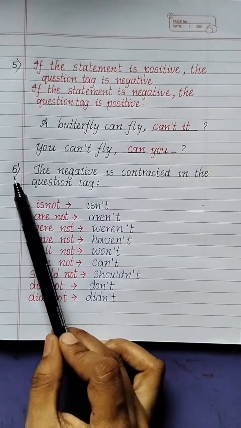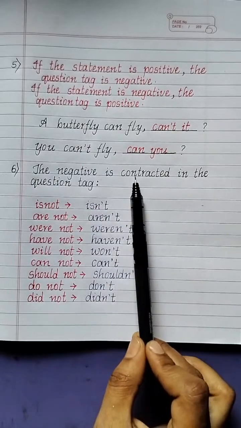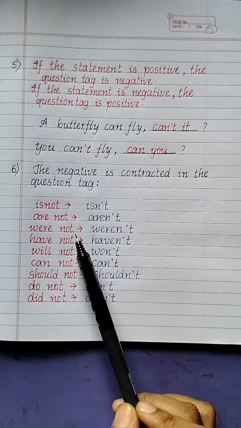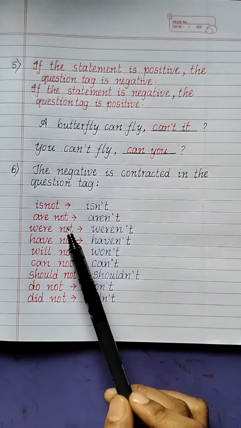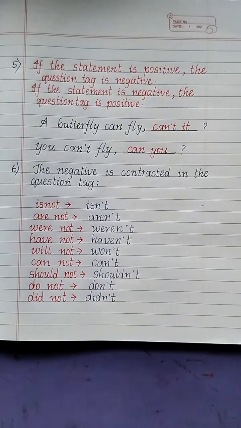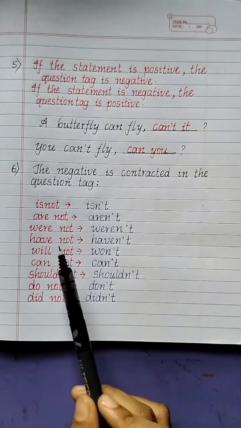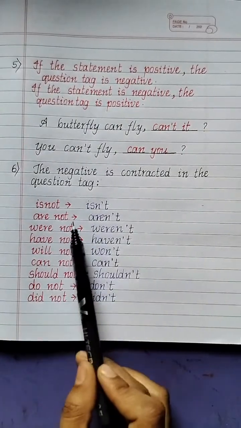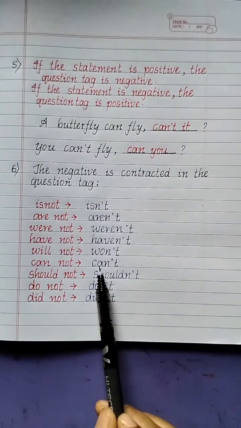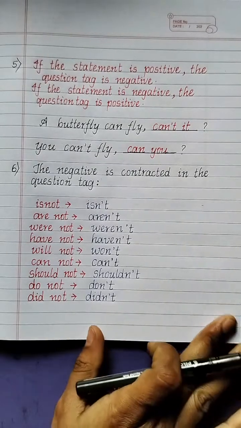Similarly, the sixth rule says that the negative is contracted in the question tag. Many negative forms are there in this. Let's learn one by one. Isn't, aren't, weren't, haven't, won't, can't, shouldn't, don't, didn't.